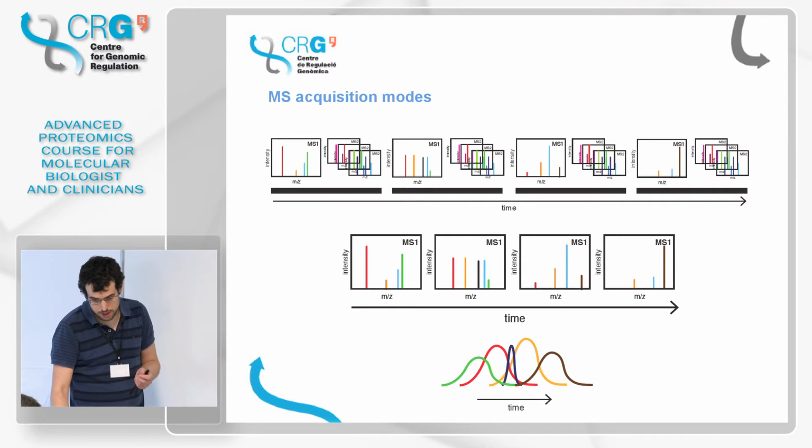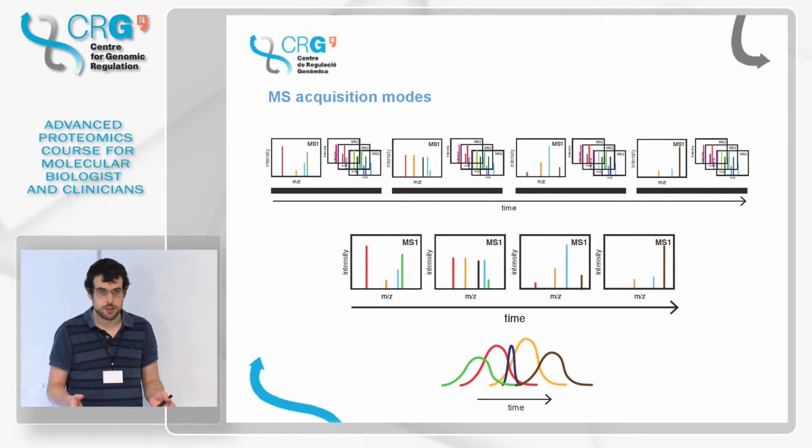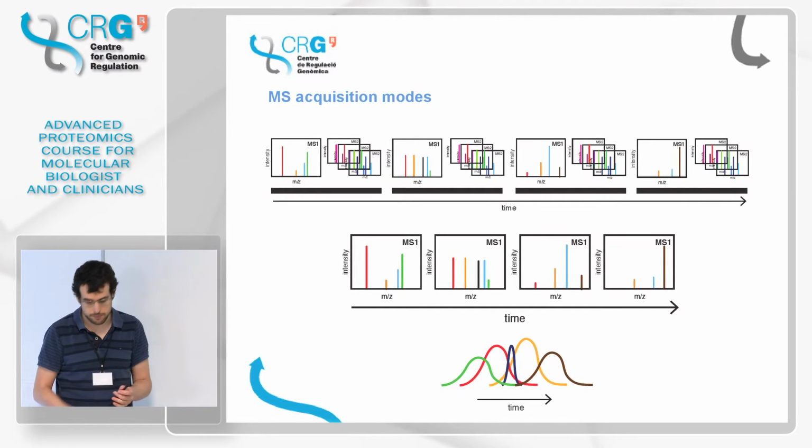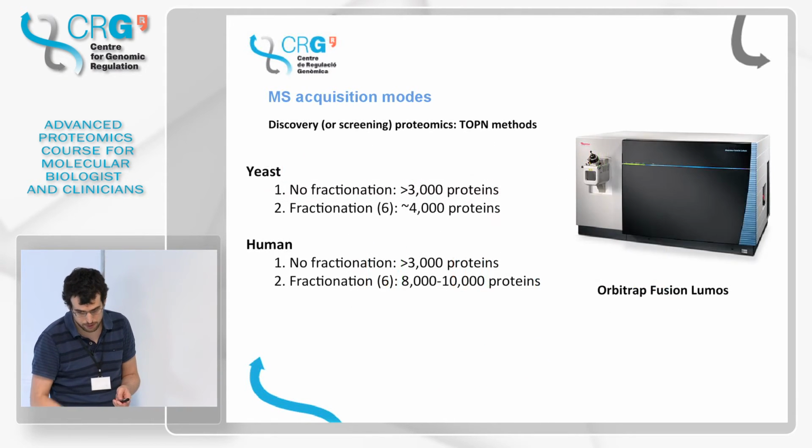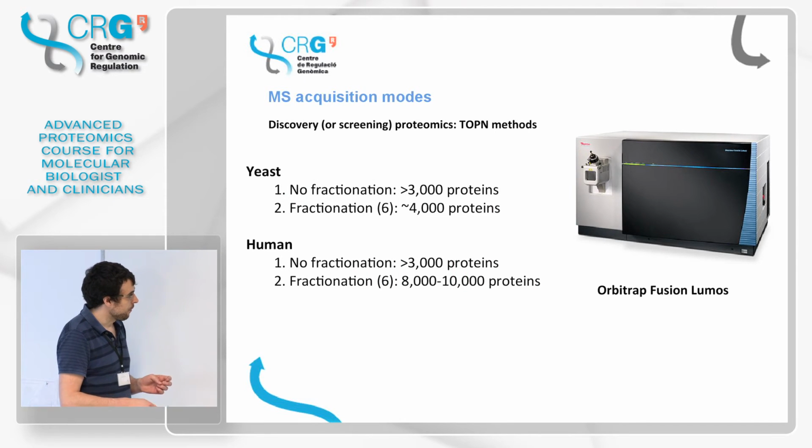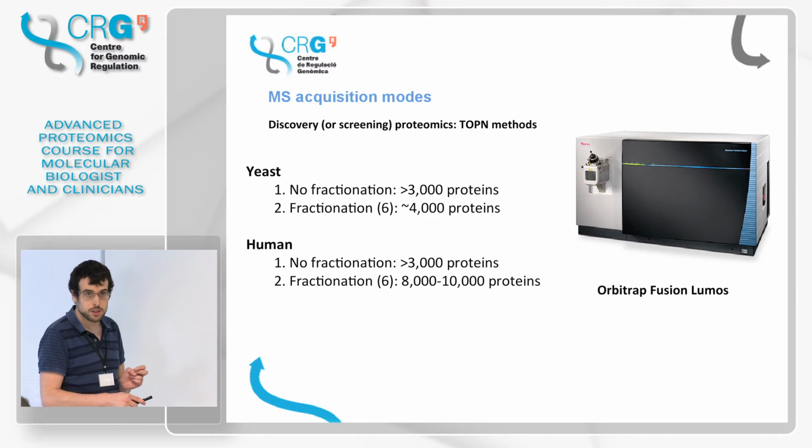And with this strategy, which is one of the most common strategies for identifying and quantifying proteins in complex systems, and with current mass spectrometers, we can, for example, with the Orbitrap Fusion Lumos, go up in yeast with no fractionation to over 3,000 proteins quantified, and human also has similar results.